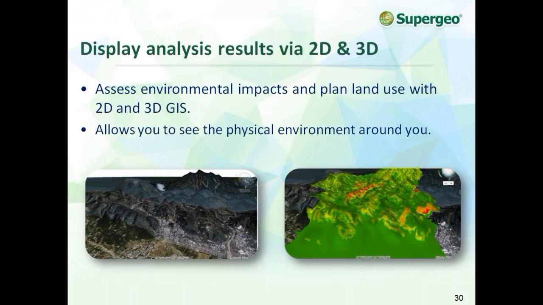Besides, SuperGIS Globe gives me the best experience to present the 3D effect, allowing you to see the physical environment around you clearly. And we overlay our analysis map resource to indicate where is a suitable site and where is not. It gives me more information to show our resource in 3D.